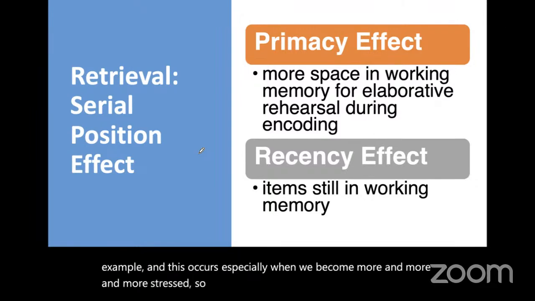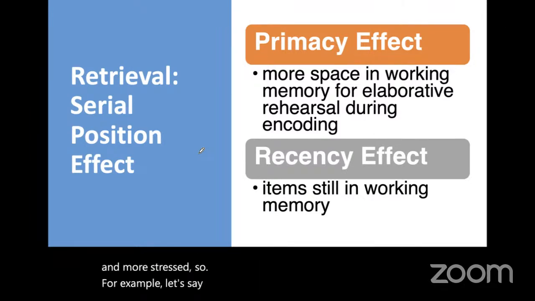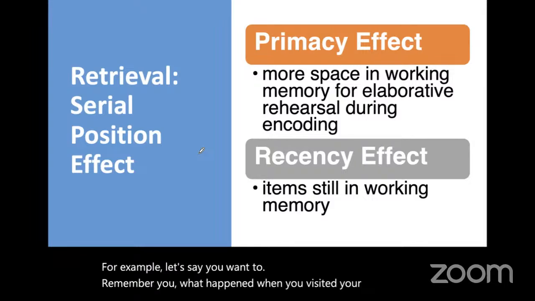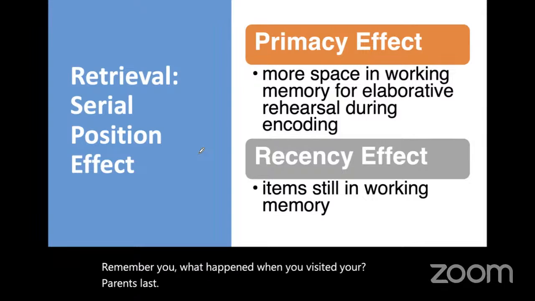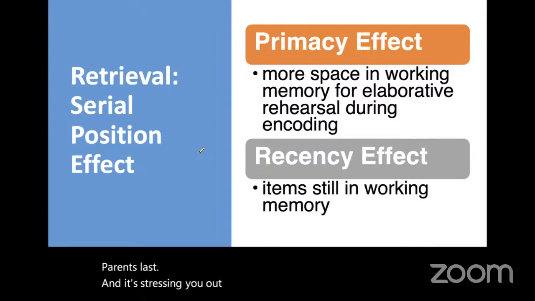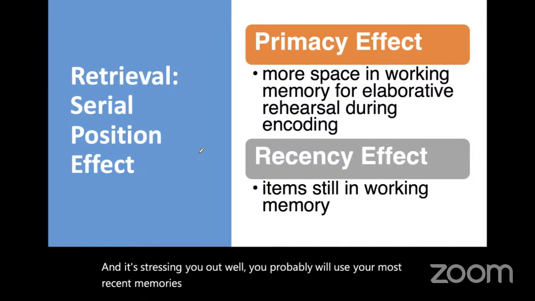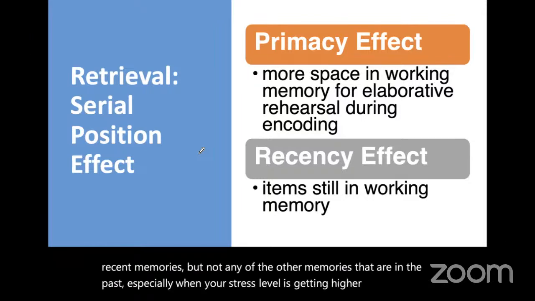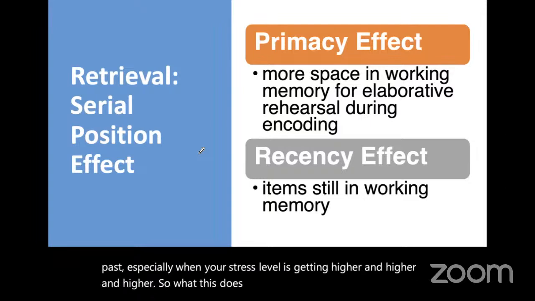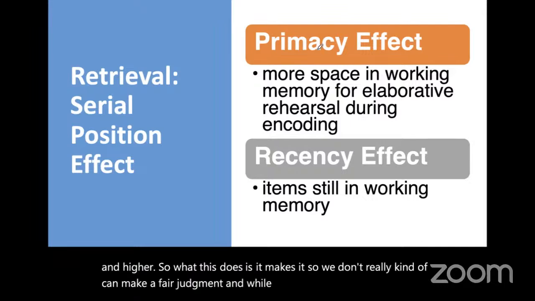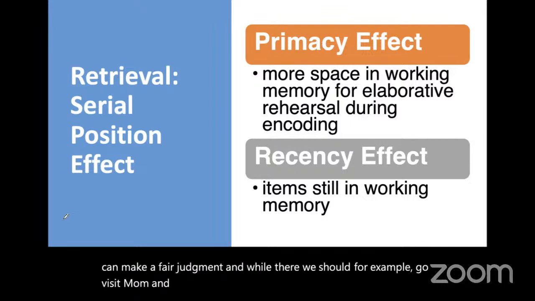So for example, let's say you want to remember what happened when you visited your parents last, and it's stressing you out. Well, you probably will use your most recent memories, but not any of the other memories that are in the past, especially when your stress level is getting higher and higher and higher. So what this does is it makes it so we can't really make a fair judgment in whether we should, for example, go visit mom and dad or not, okay?